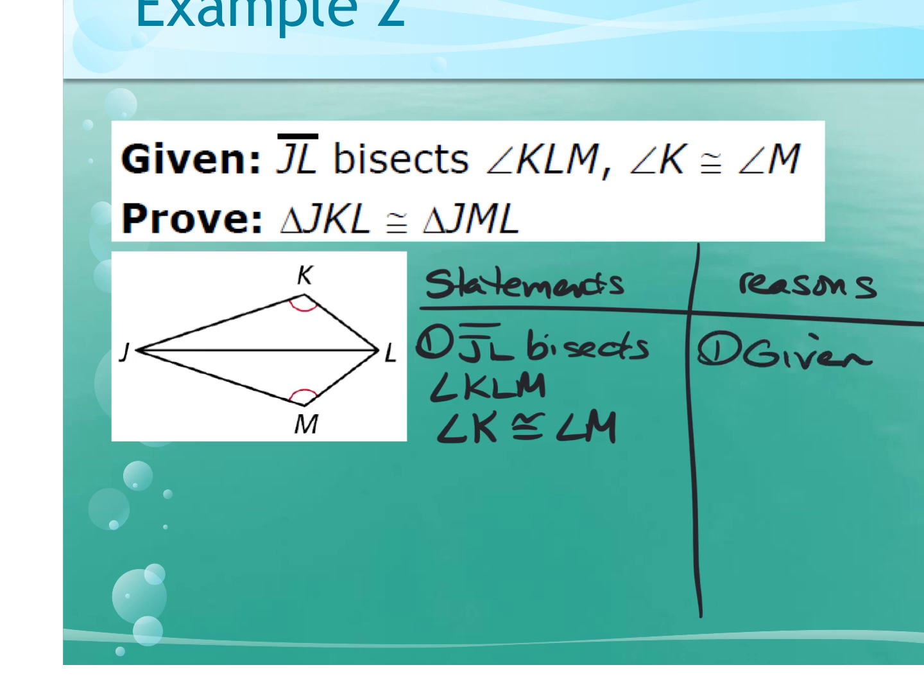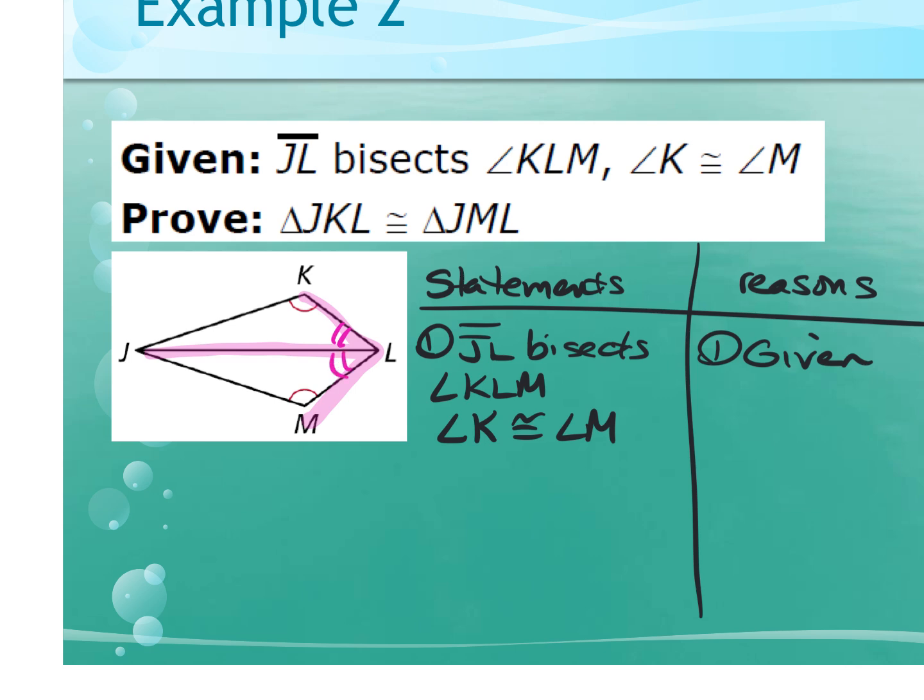What we have to do is know what a bisector does. So the angle that they're telling me has been bisected is this one over here, the KLM. And when you have something that is bisected, it creates two congruent angles. So this angle is going to be congruent to this.